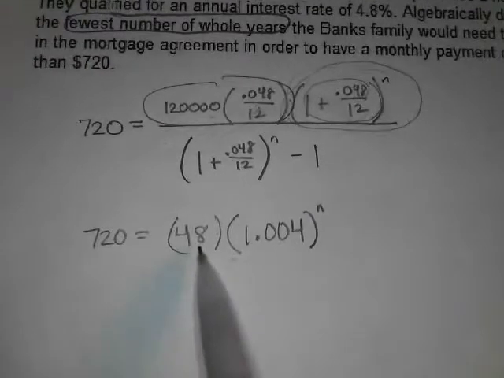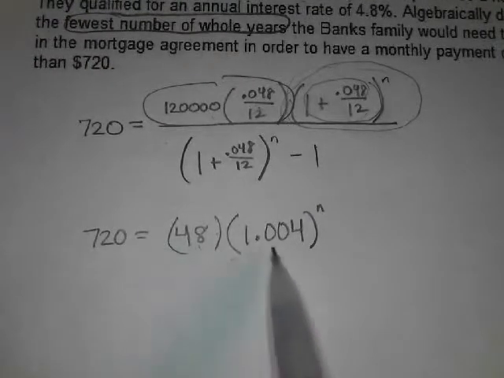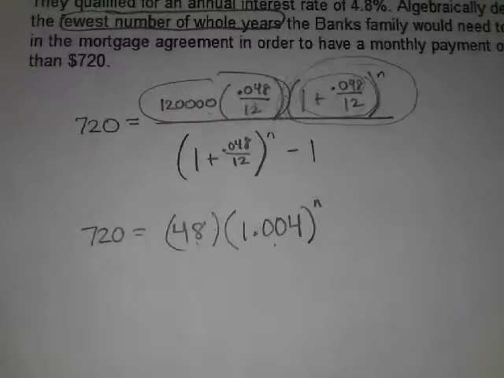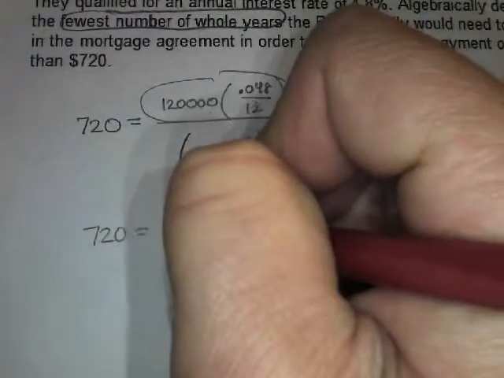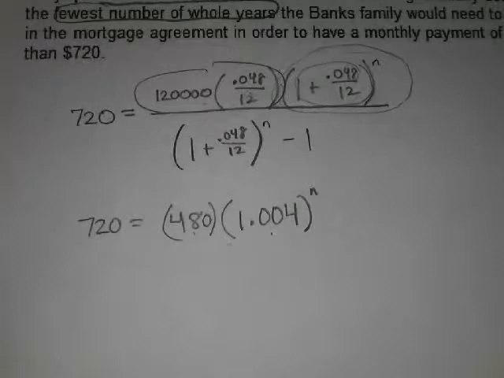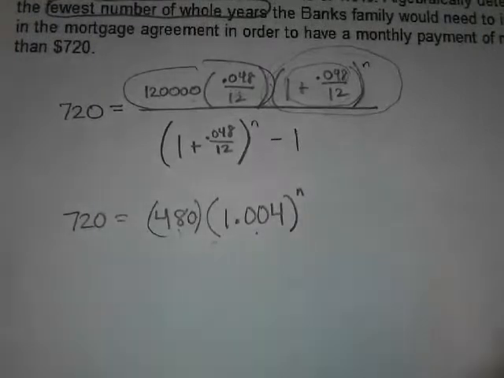Are we all okay with the fact that we are not allowed to multiply 48 by 1.004? Oh, what'd I miss? I put 12,000 and not 120,000. Okay, so that was 480. Thank you. Oh, that would have been a shame. You'll see by the time we got through this, if we had gotten that all wrong because of that one thing, you can never be too careful.